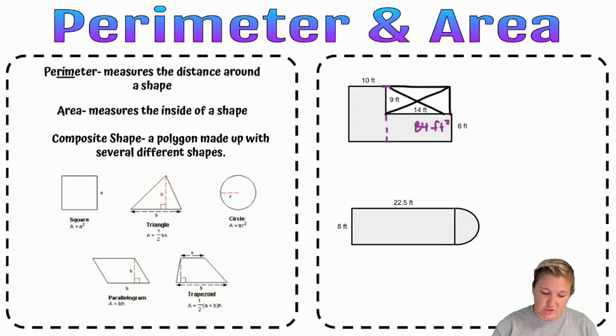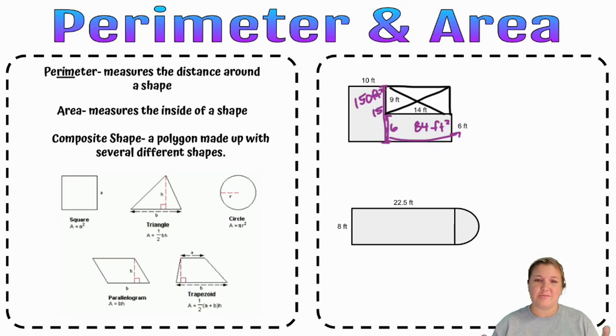So I can't just do 9. But what is this distance from here to here? Well, it's the same as the other side, which is 6. So this whole distance on this side is going to be 15. So then I'm going to find the area of that, which is going to be 150 feet squared.